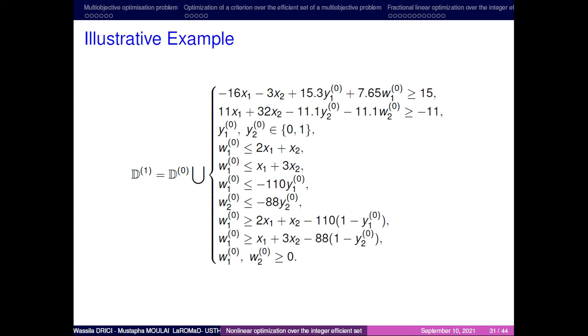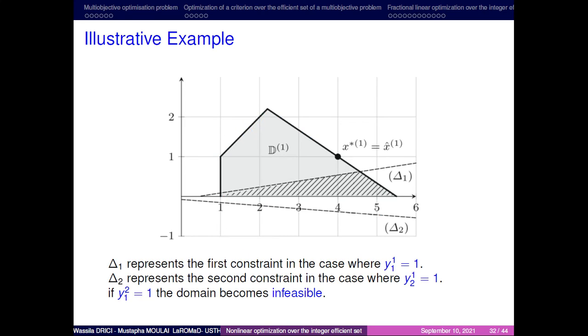D1 is then the following set, and we set L equal to L plus 1. The obtained domain D1 using the construction given above is given in the following figure.